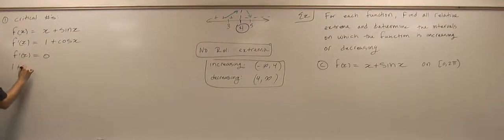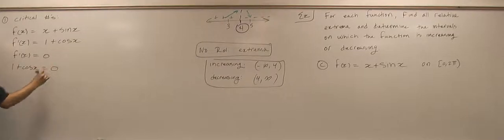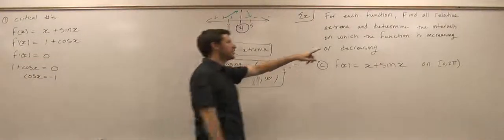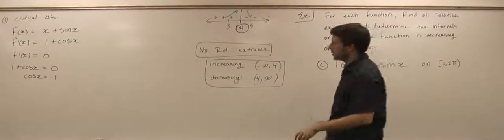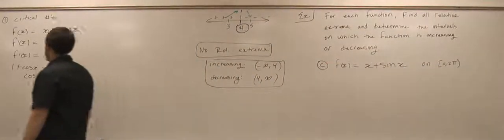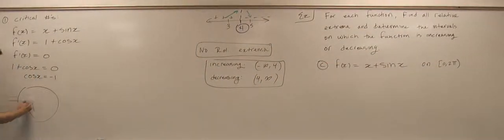So I solve 1 plus cos x equals 0, which gives me cos x equals negative 1. And because I only care about the interval 0 to 2 pi, I should only get one answer to this. Yeah. So in order for cosine to be negative 1, you have to be over here. And that's pi.